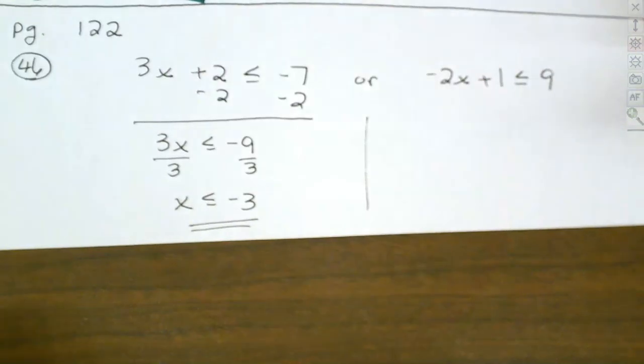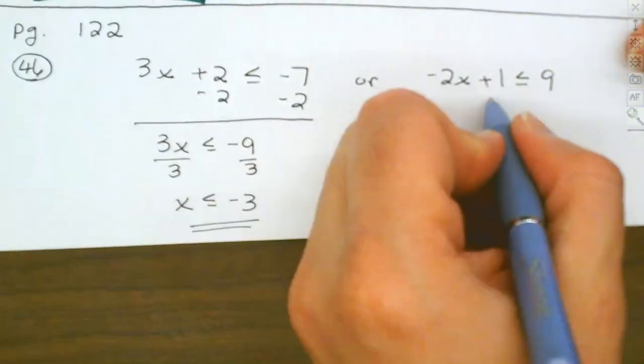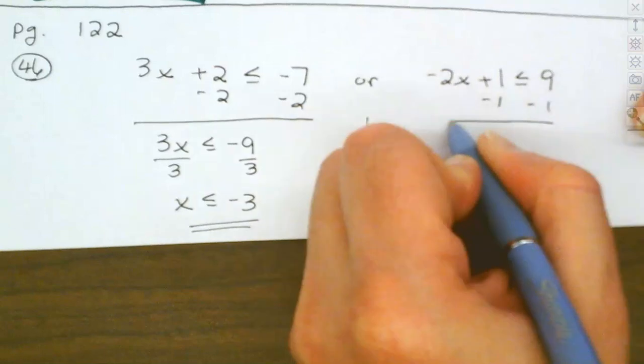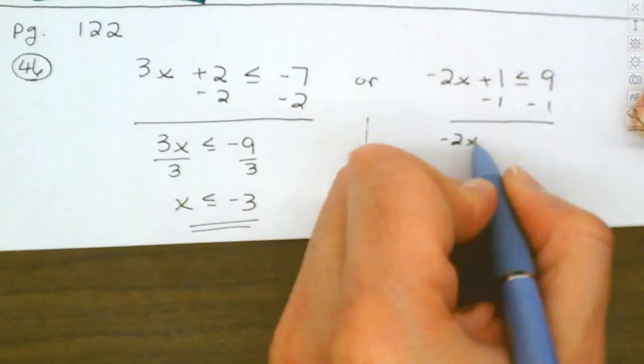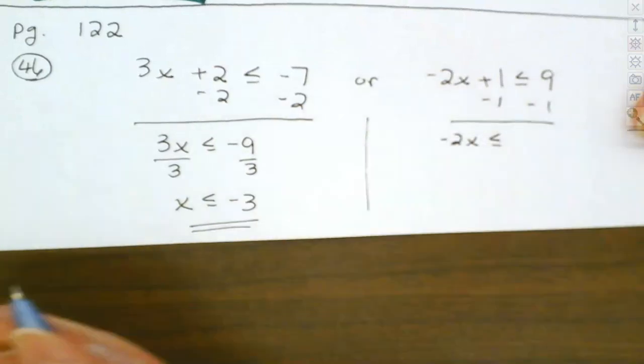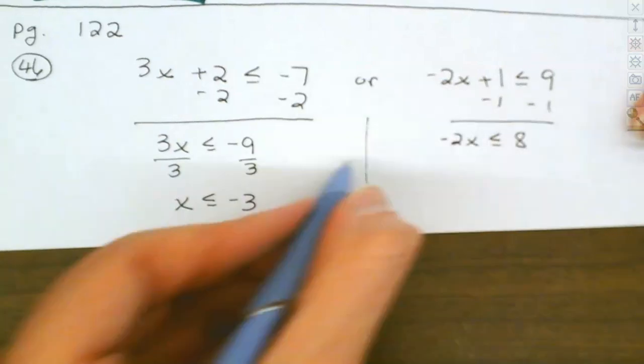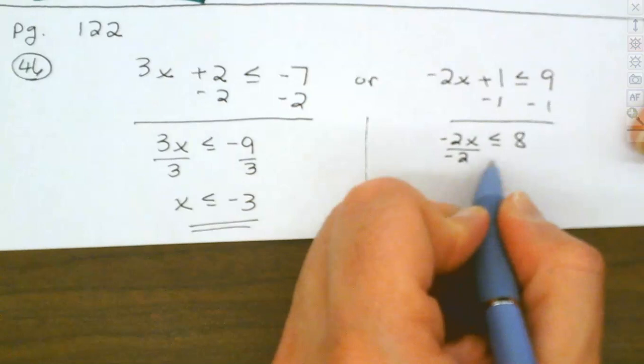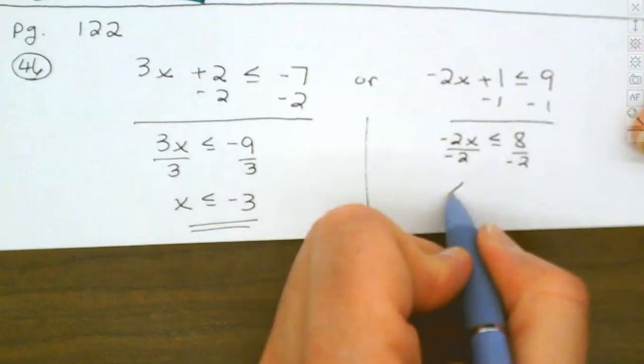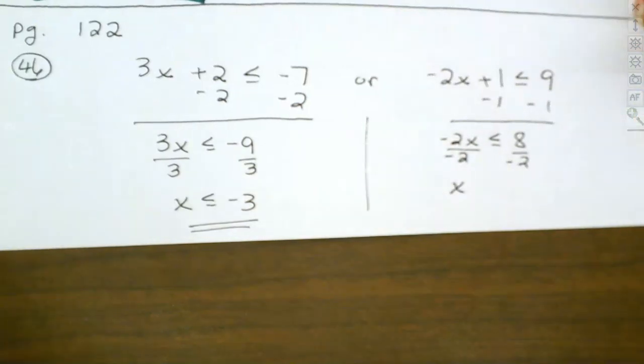So that's that first one. What about the other one? The other one, we subtract off our 1. So we've got a -2x is less than or equal to +8. We'll divide by our -2. Now, are we going to switch our inequality symbol? Yes or no? We will.